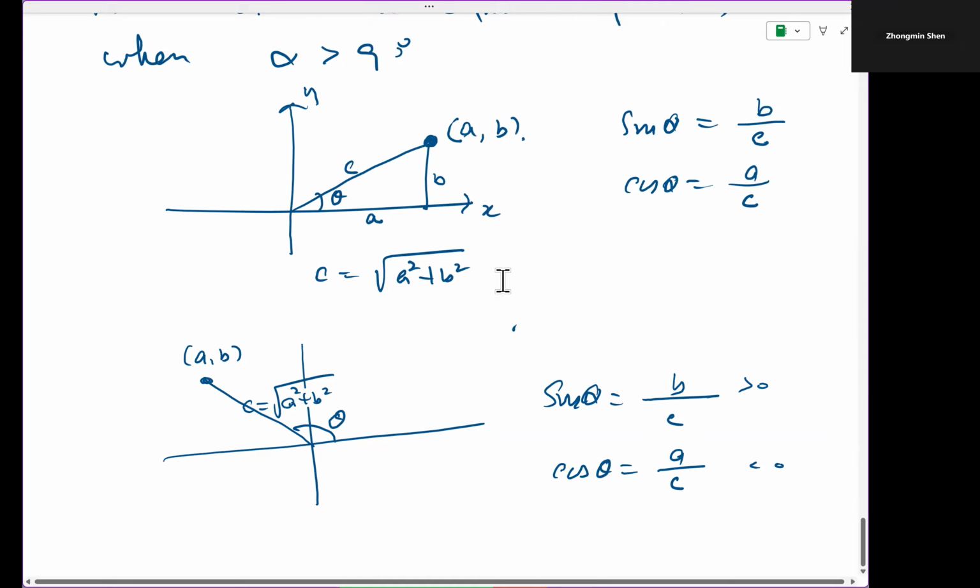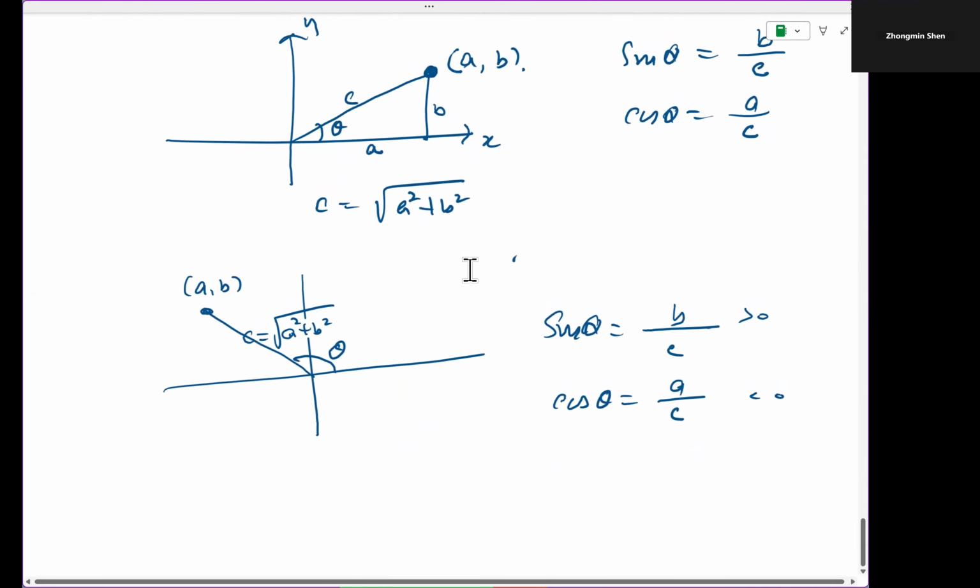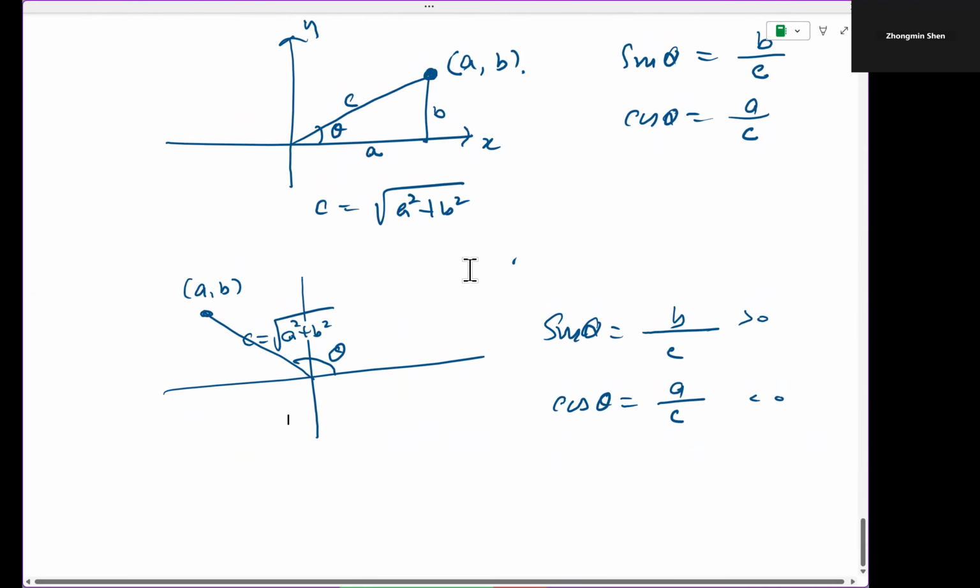But C is still the distance between those two. So now you can define any angle.